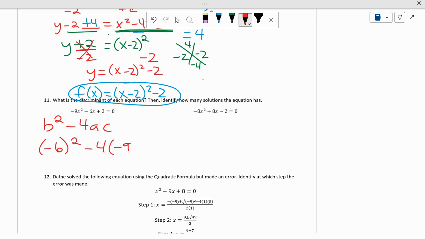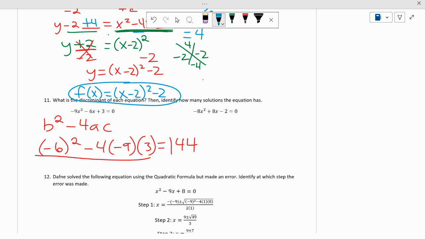A is -9, and c is 3. We type that whole thing into our calculator. Make sure you don't miss the parentheses. And when you do that, your calculator should give you 144 if you did it correctly.